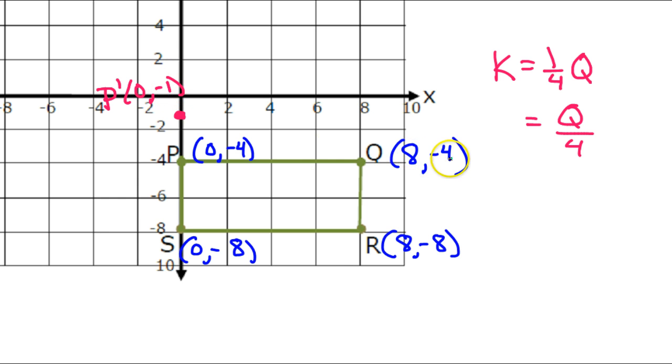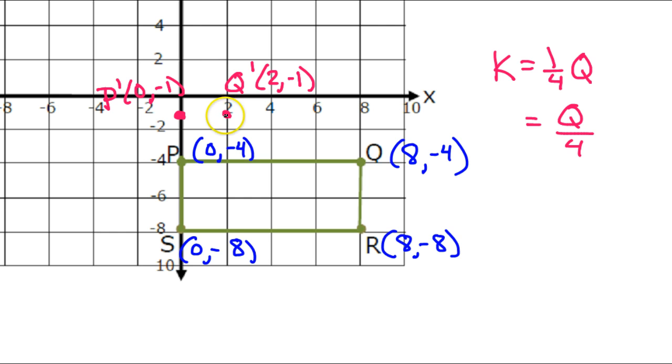If I divide these by 4, that's going to give me 2, -1. So 2, -1 would be right here. So that's my Q prime, 2, -1. Now, if I divide these by 4, I'm going to get 2, -2.